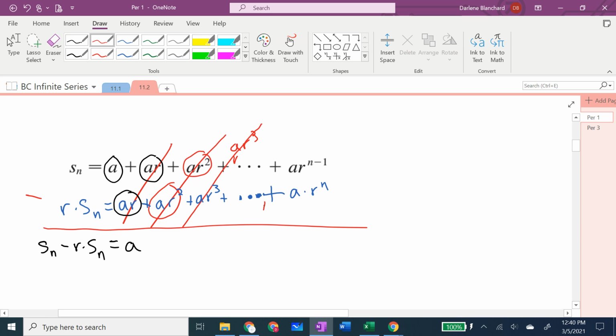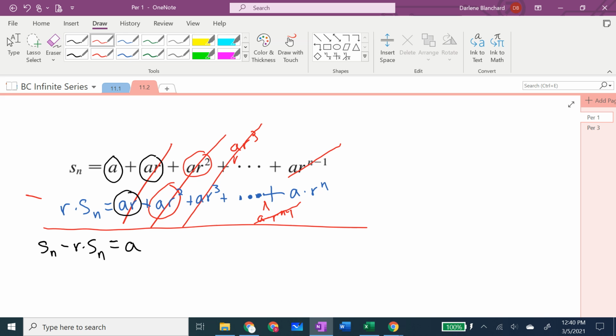Then over here, we know, even though it's not written, that the term right before this one is a times r to the n minus 1. And that is going to cancel when I subtract this final term of s sub n with the second to last term of the r times s sub n.